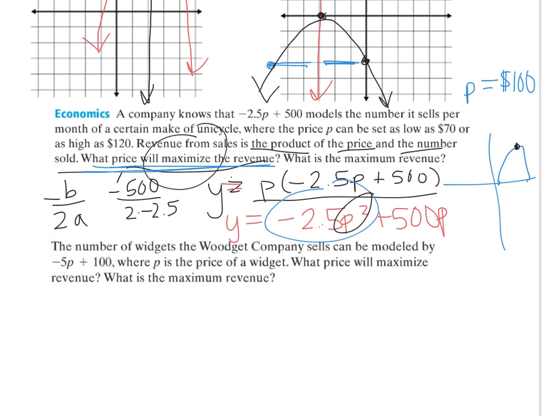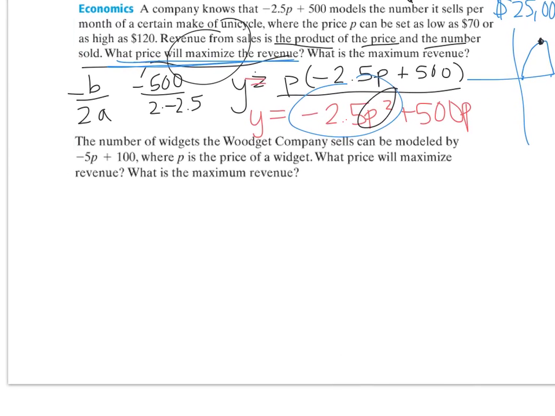So the answer is, the maximum revenue that you're going to make is $25,000. So this is a business example where it's really important to know the price that you should set on a product. Same with down here.